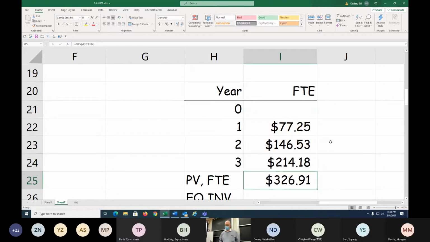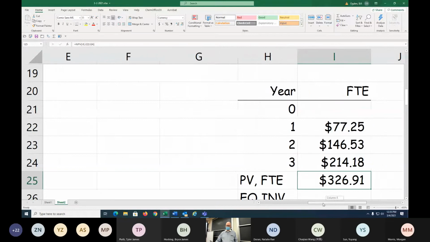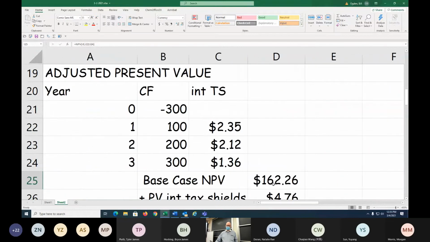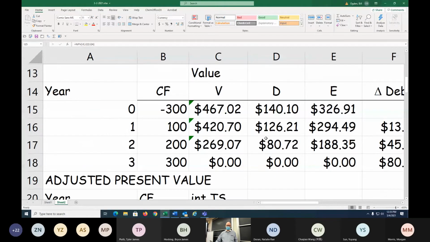All right, where have I seen that number before? Well, I know we're all kind of new to this, so maybe this doesn't flash to you right now, but if you look up, E15, that's the market value of the equity, isn't it? Right?